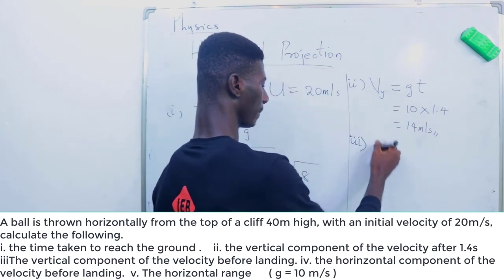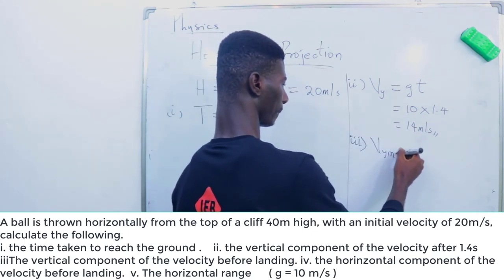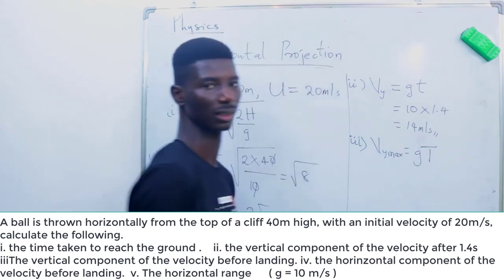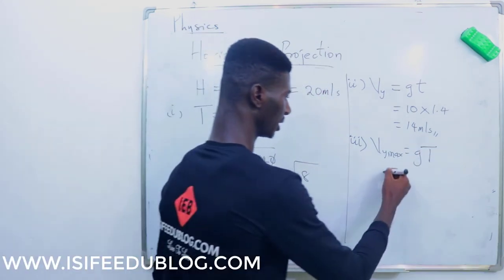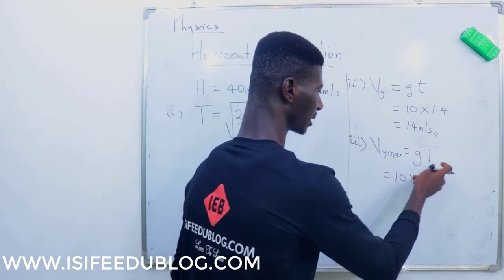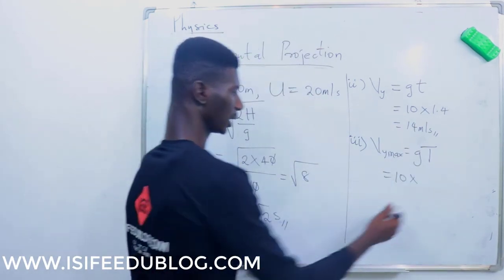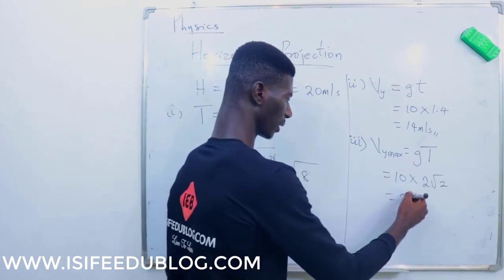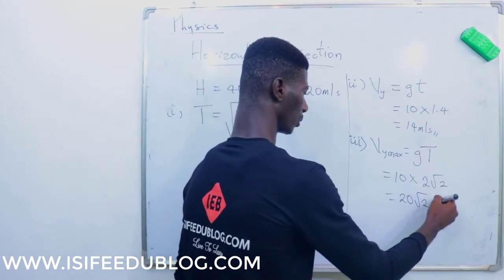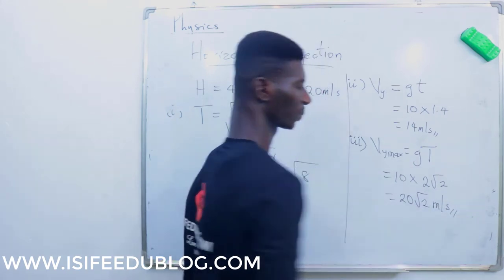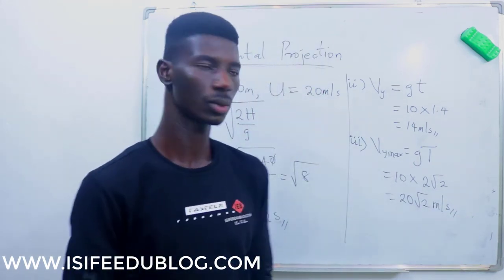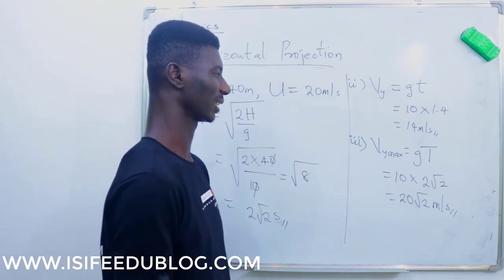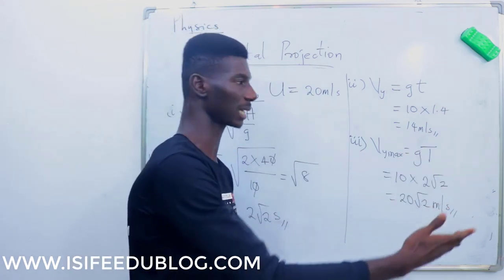Vy max, and that is gt, capital T. So in this case, we have 10 times, before landing, what is T? 2 root 2. When you multiply this, what we have is 20 root 2 meters per second, before landing. We are talking about max.